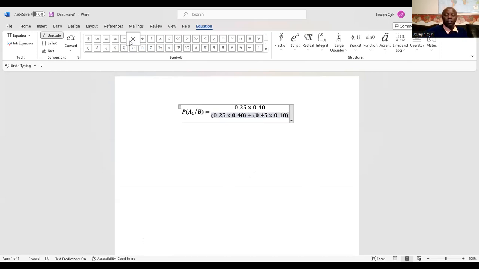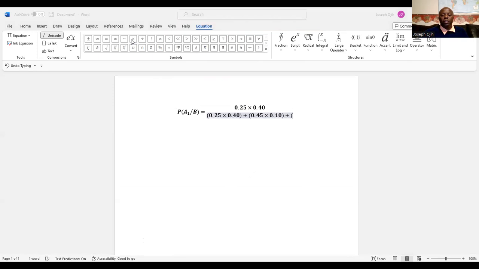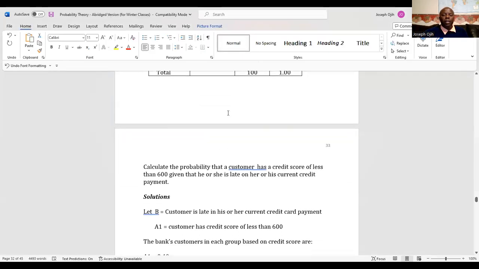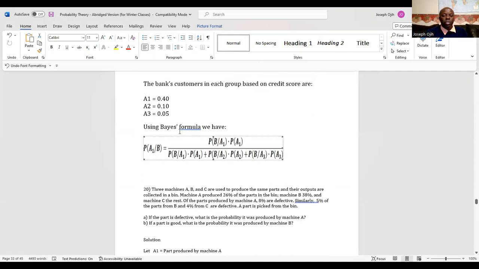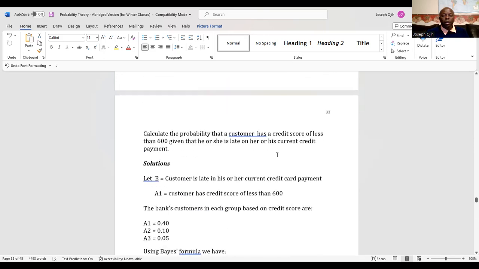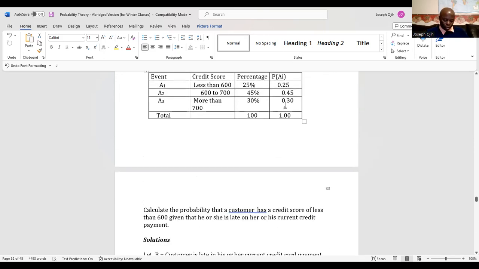Then the last event in the equation is this part: probability of B given A3, which is basically this one, times probability of A3, which is 0.30.